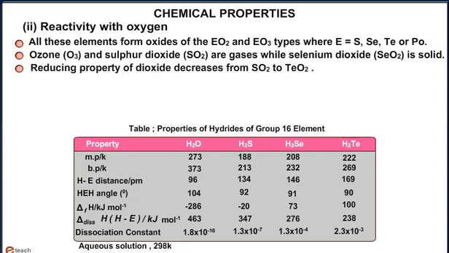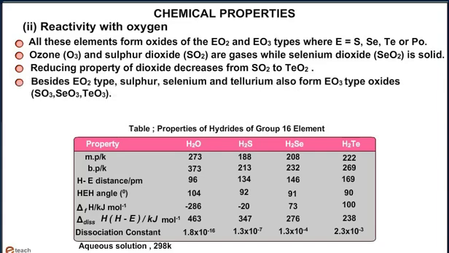Reducing property of dioxide decreases from SO2 to TeO2. Besides EO2 type, sulfur, selenium, and tellurium also form EO3 type oxides, for example SO3, SeO3, TeO3. Both types of oxides are acidic in nature.